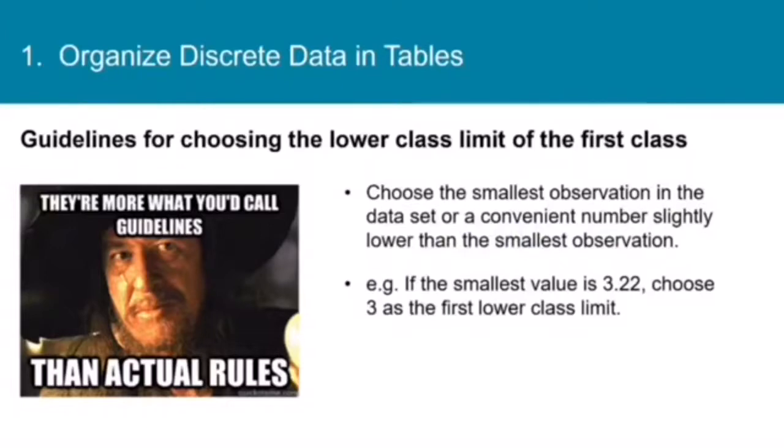Like if you'll remember in the last example we did, I think the smallest data value we had was 672 or something, but they let us use 670 as the lower class limit of the first class because 670 is a nice round number. And for another example, if the smallest value is 3.22, then it would be convenient to choose 3 maybe as the first lower class limit. It entirely depends on your data set. So that's a choice you can make.